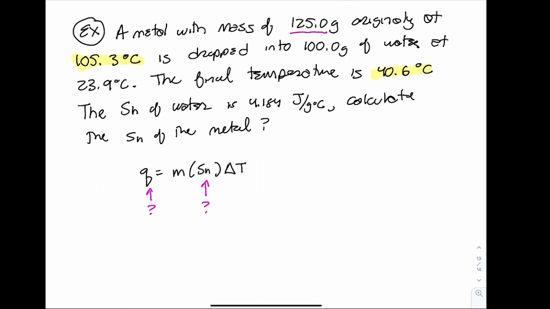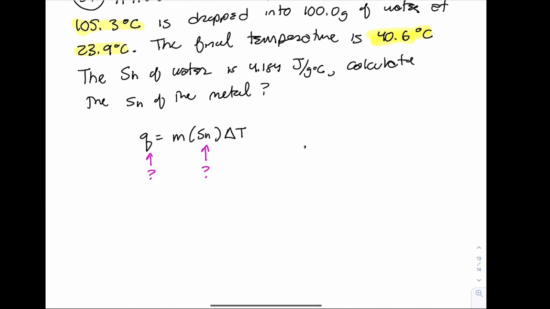We know water is going from 23.9 to 40.6. So using the first law of thermodynamics, Q for my metal is equal to Q for my water, right? The heat absorbed by one is being lost by the other because total heat is conserved.